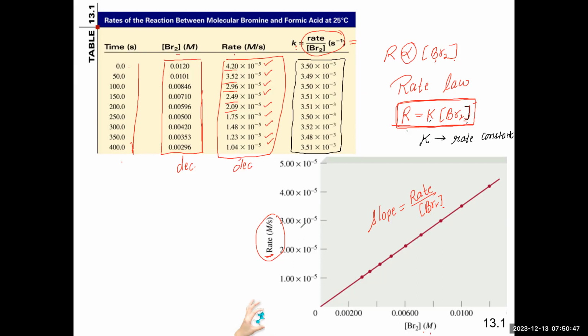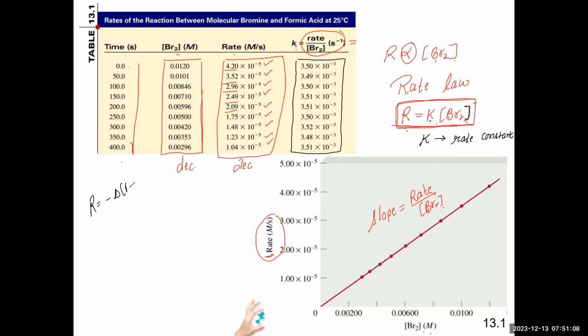Now the next type of question we have done is where the concentrations and time are given, and you get the rate. Now this is another form of the rate: rate is equal to K times concentration of Br2. What was the earlier form?